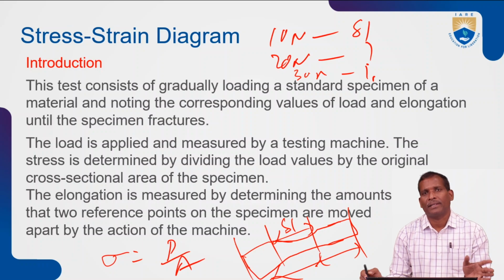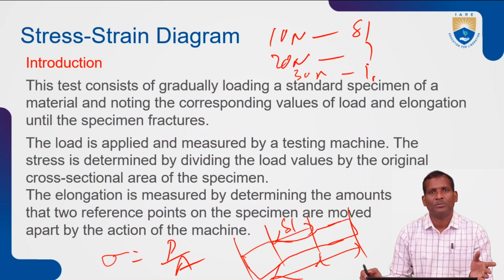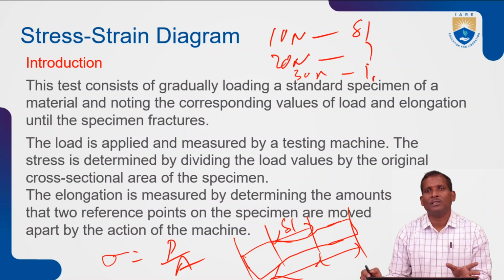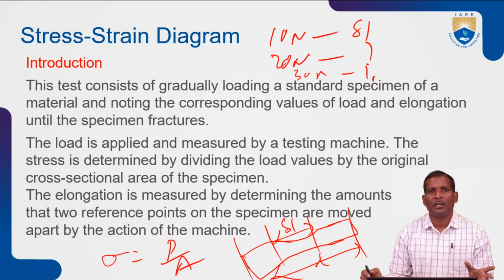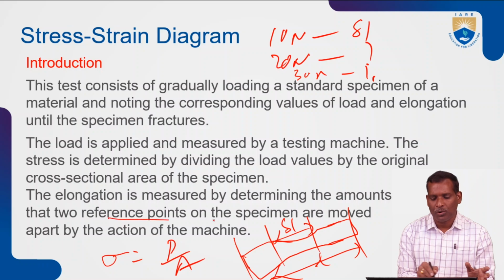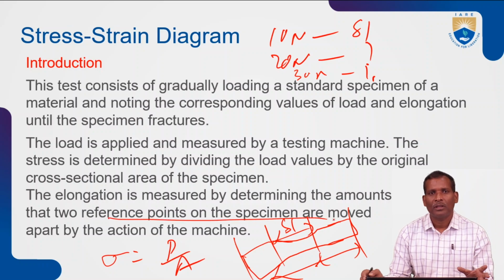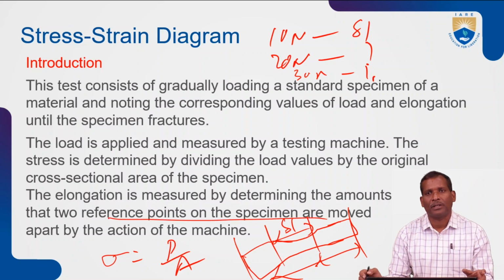How will it react according to the load? We will observe this by using the tensile test specimen. The load is applied and measured by the testing machine. The stress is determined by dividing the load values by the original cross-sectional area of the specimen. The elongation is measured by determining the amount the two reference points on the specimen are moved apart by the action of the machine.